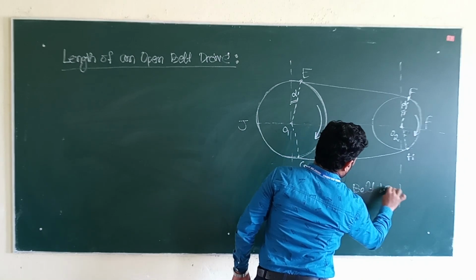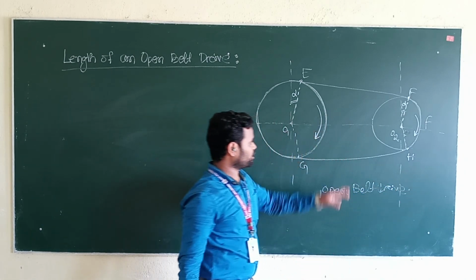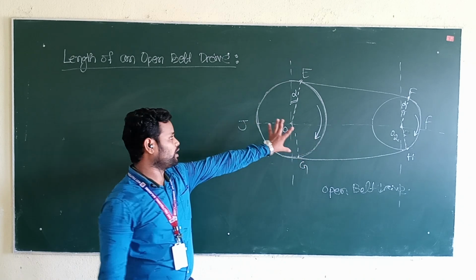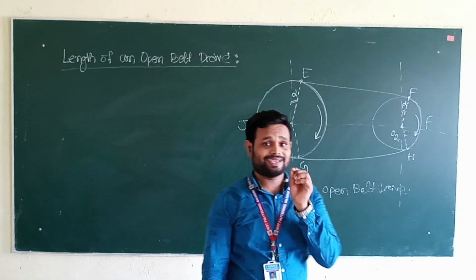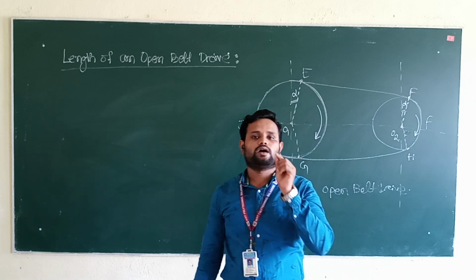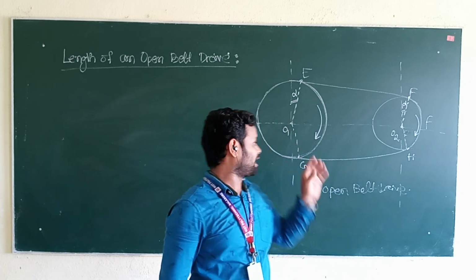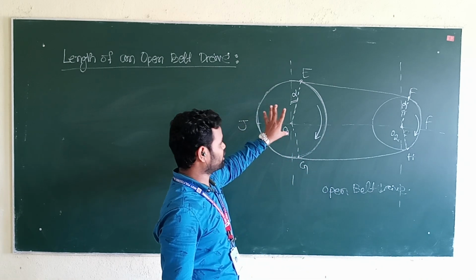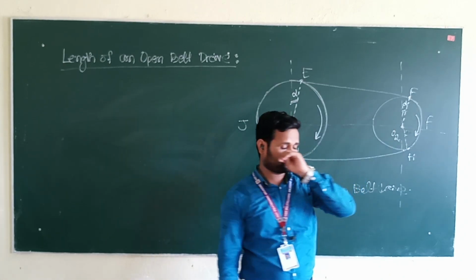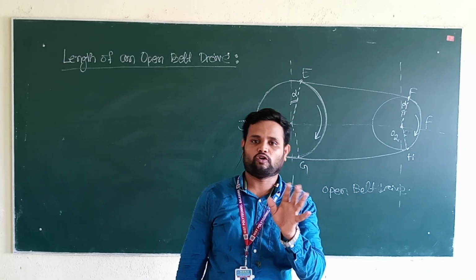Open belt drive. We already know that in case of an open belt drive, the direction of rotation of the driver or larger pulley is equal to the direction of rotation of the smaller, driven or follower pulley.